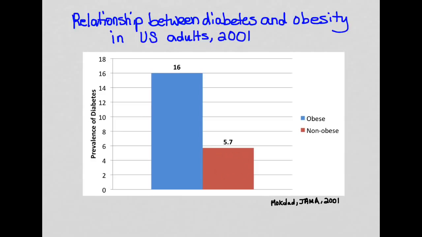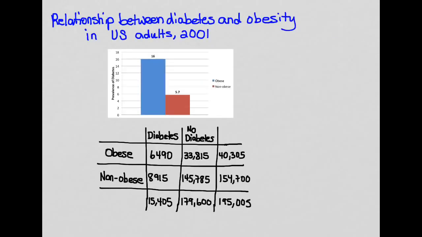You can see that the prevalence is more than twice as high in obese adults as it is in non-obese adults. So this suggests a relationship between diabetes and obesity. So what does this say? It says there's a correlation. There's a cross-sectional relationship between these two diseases.